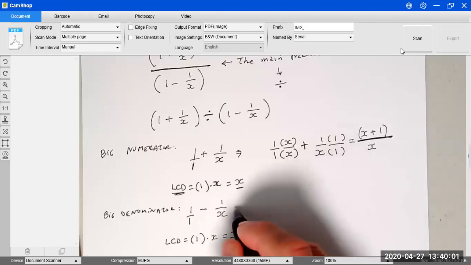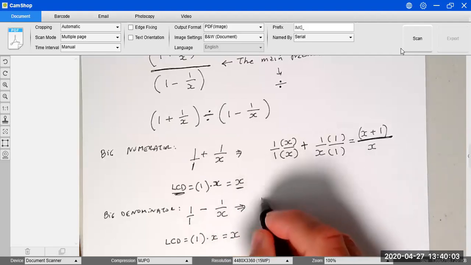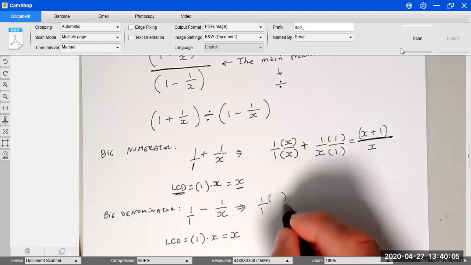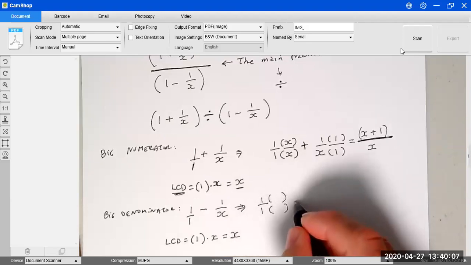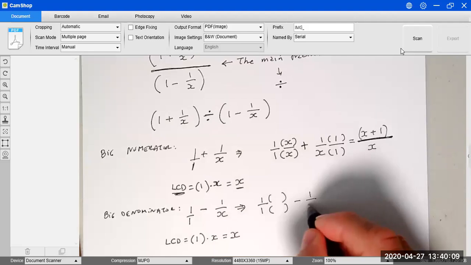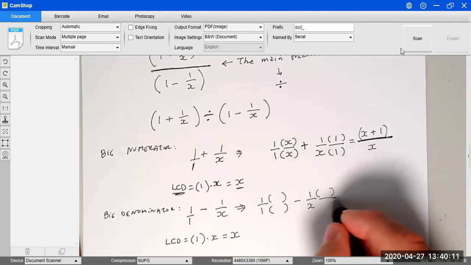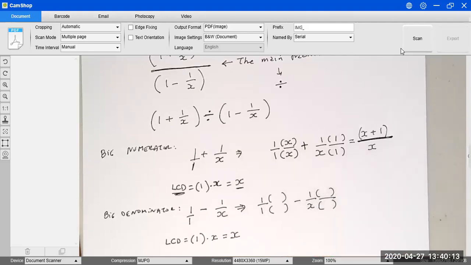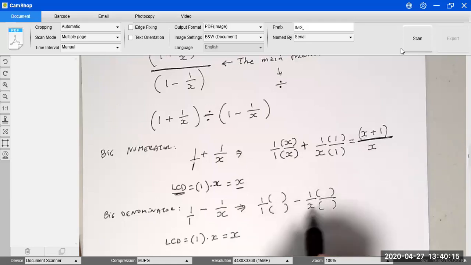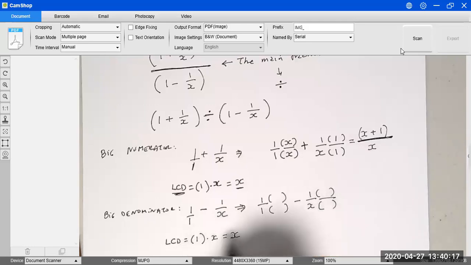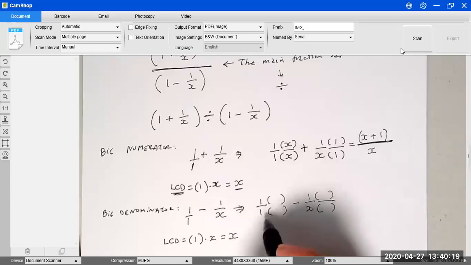So now I'm going to rewrite the fractions, but I'm going to multiply each by quantities that are going to make both denominators equal to the least common denominator. So what is the factor that I need to use here that is going to multiply 1 to get the least common denominator?